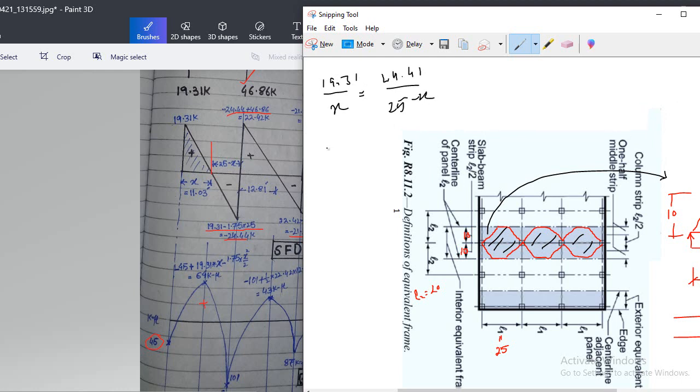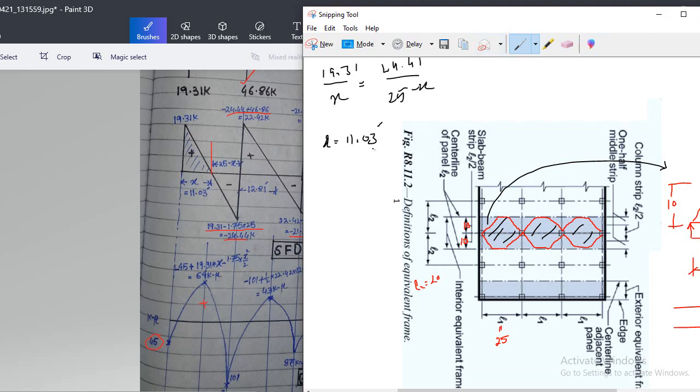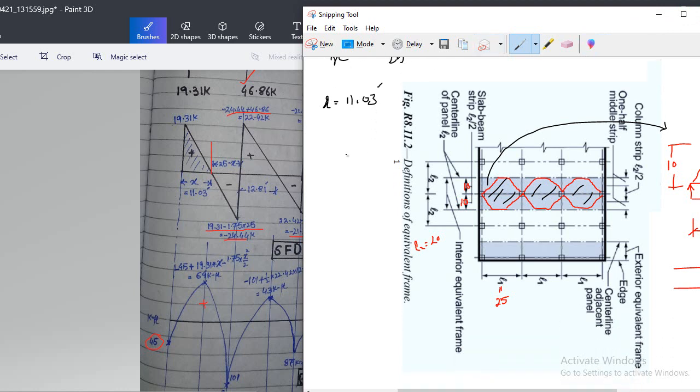Simplify this equation. You get the value of x, that is 11.03 feet. Or you can easily do this calculation by just subtracting the UDL.